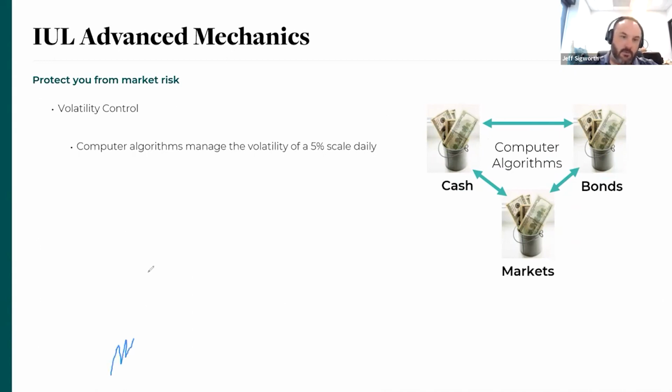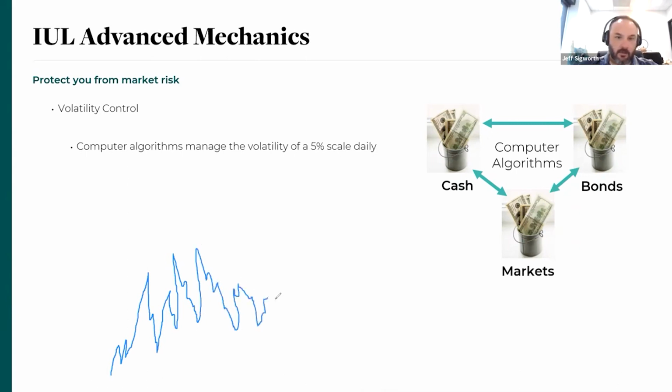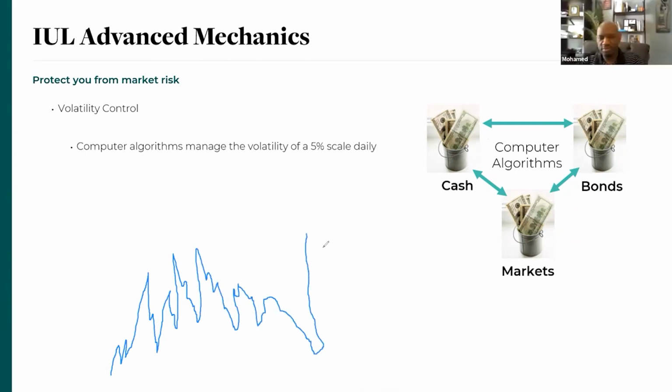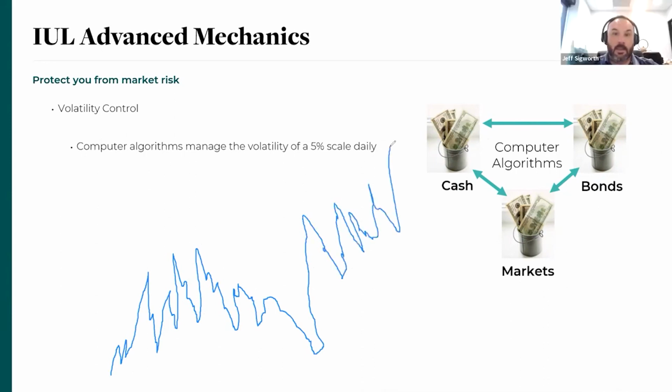So this is a normal market chart, right? You guys have all seen that. Right now the market is down over 600 points. Now, what a volatility control index does, if it's a 5%, it lives in this little 5% window.